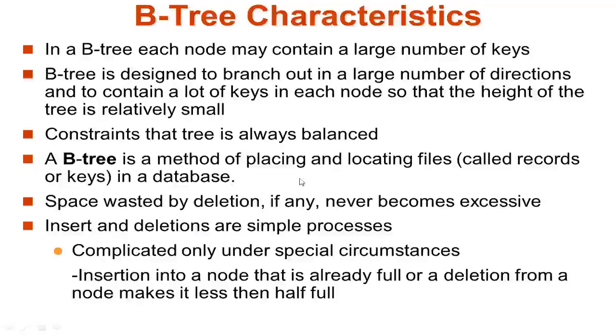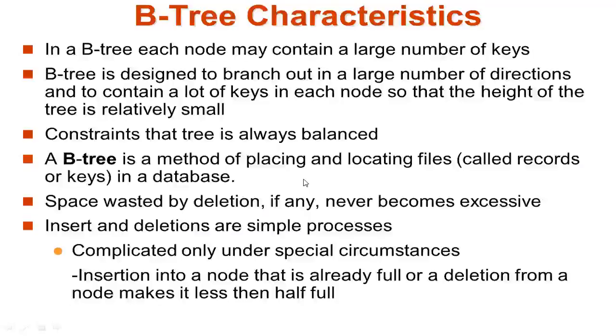A B tree is a method of placing and locating files in a database. Sometimes B tree data structures are used to locate the records in the file in databases. Otherwise, a B plus tree can also be used. Space wasted by deletion, if any, never becomes excessive.